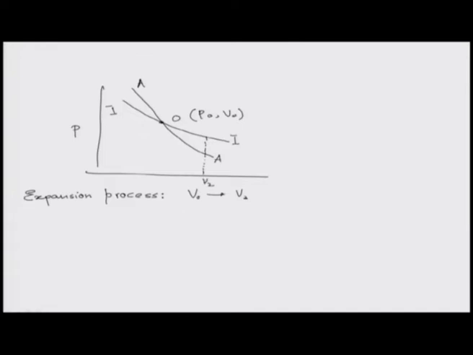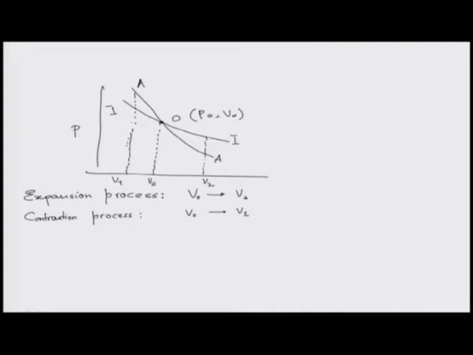And also a contraction process. Start from V 0 and go to some V 1. So, this is your V 2, this is your V 1, and this is your V 0.